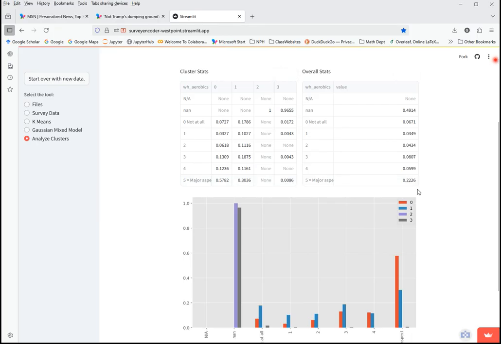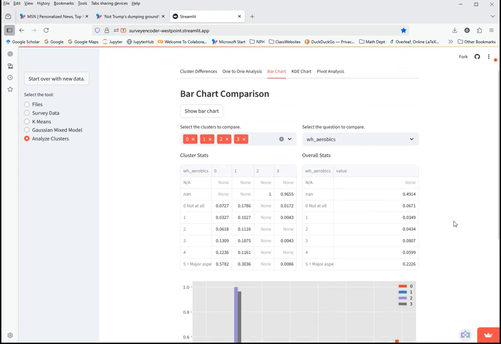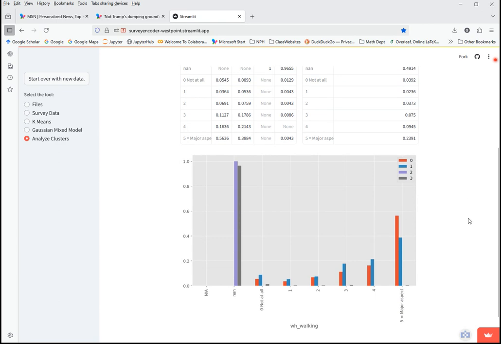And overall, only 22% of the 900 people answered this question as a 5. It gives you a lot of information in a really small amount of area.